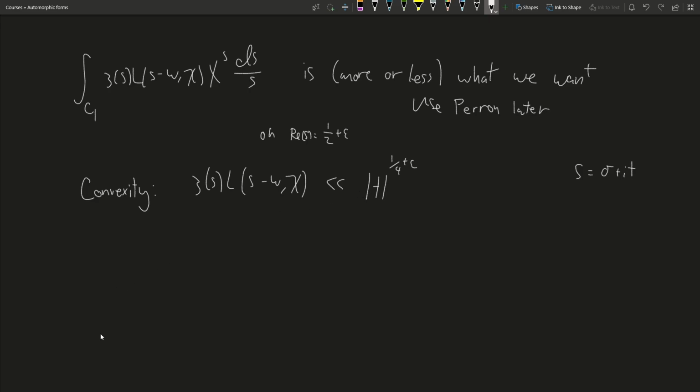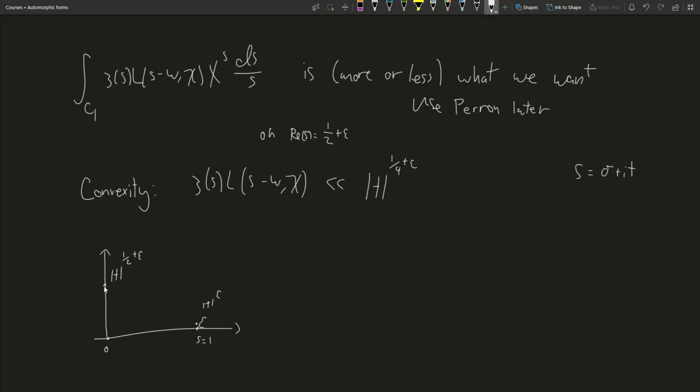So we have the value at s equals 1, and we have the value at 0 for this Dirichlet L function. Over here, you grow like t to the epsilon. And at 0, using the functional equation, you can find that you grow like t to the 1/2 plus epsilon.